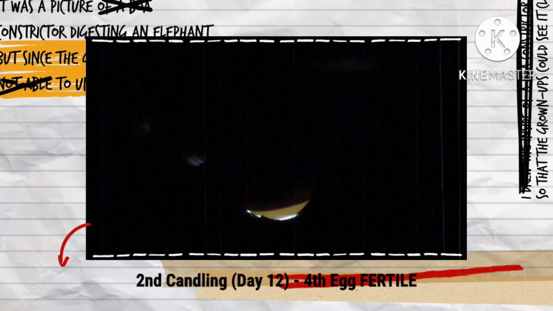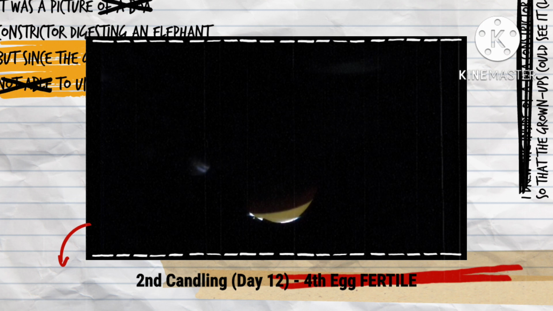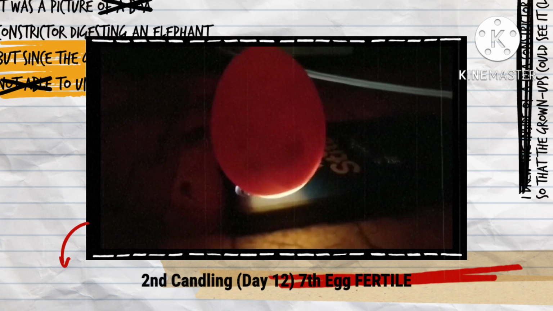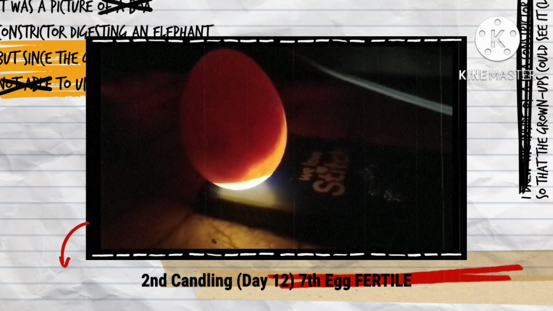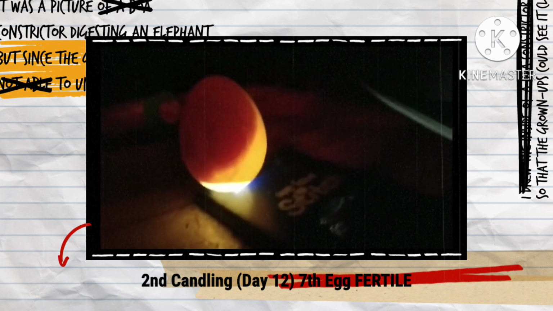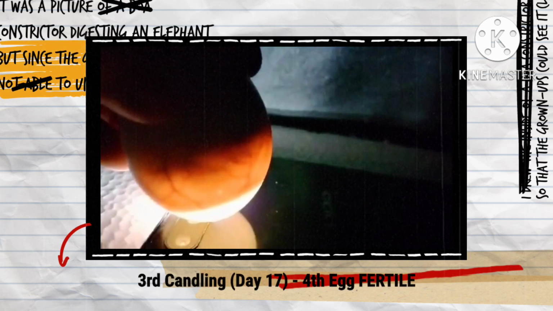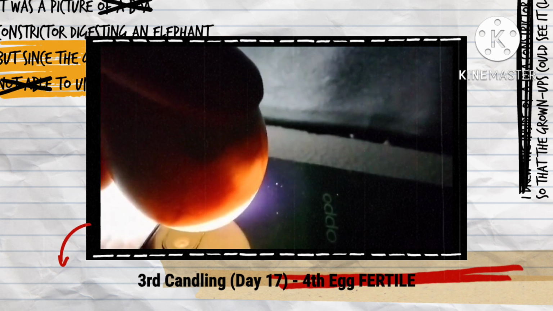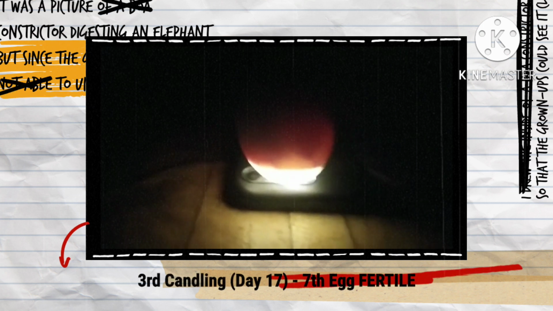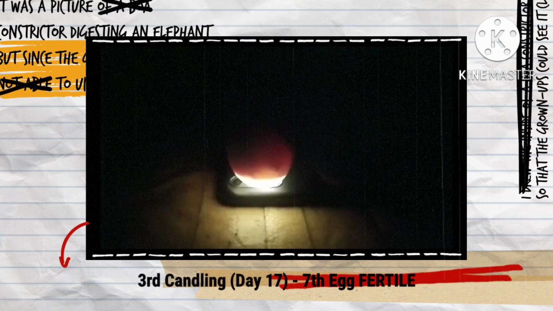The fourth egg in the second candling is fertile. The seventh egg in the second candling is fertile. The fourth egg in third candling is fertile. The seventh egg in third candling is fertile.